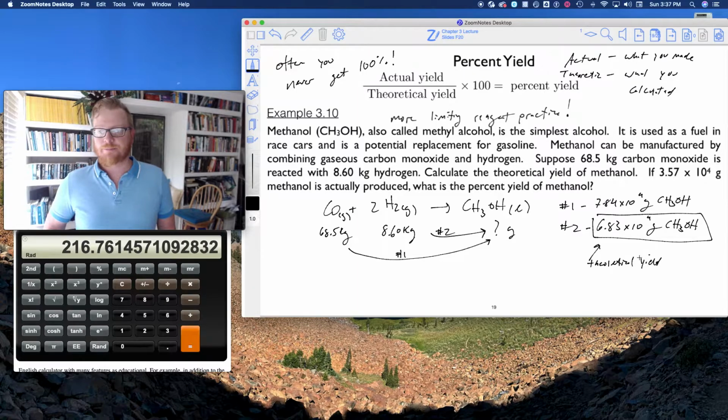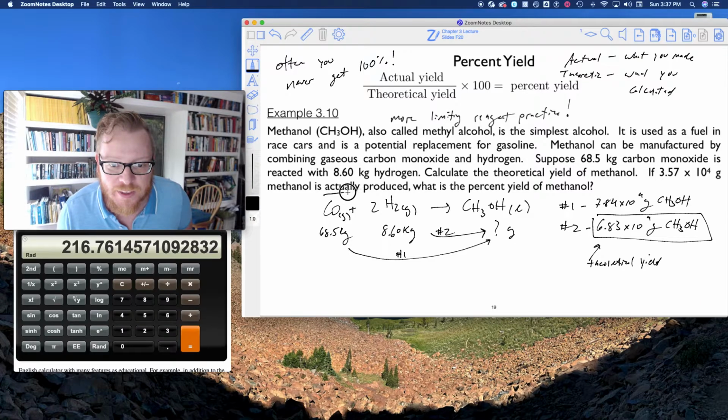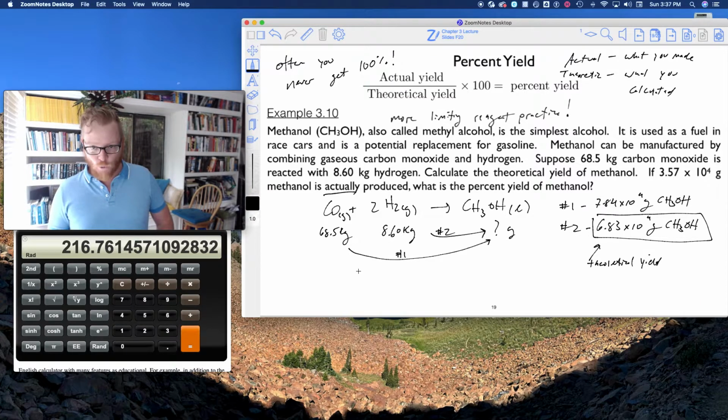We calculated it. But then now look what this problem says. This problem says if 3.57 times 10 to the 4th grams of methanol is actually produced, actually being that key word, then what's the percent yield? Okay, well, actual over theoretical times 100.